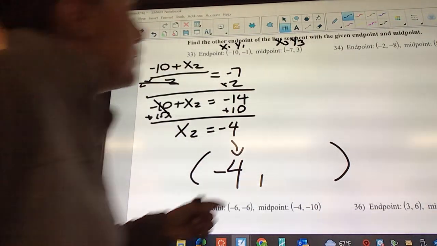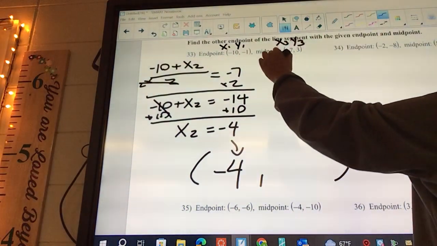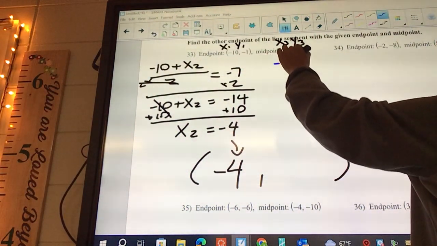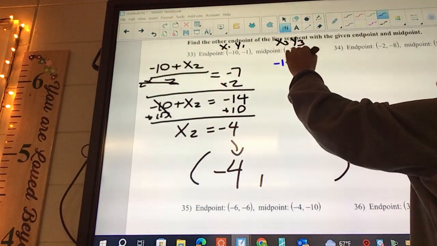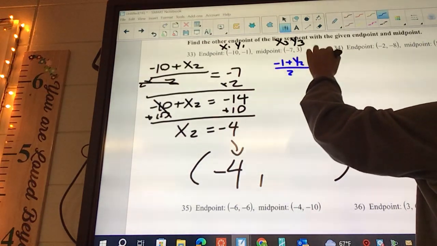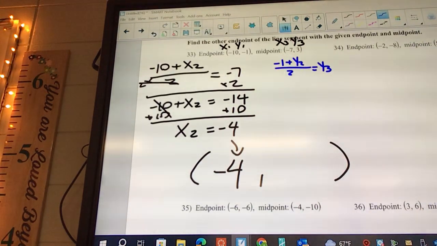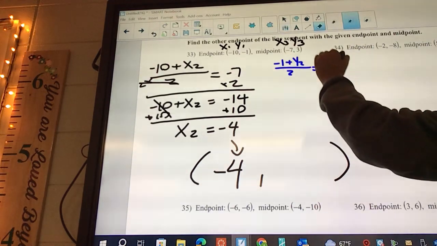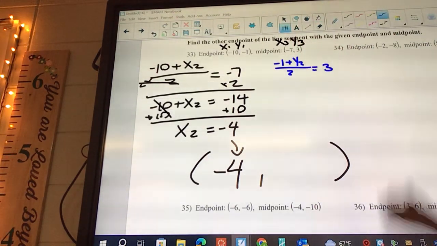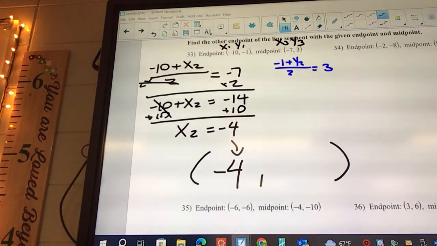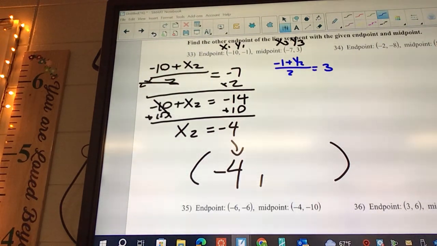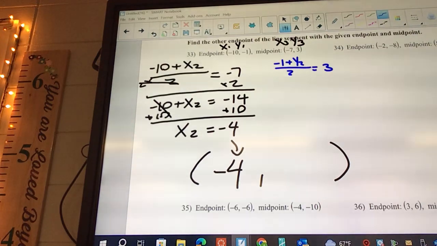For the other side, we're going to do the y. So I have y1, which is -1, plus y2, which I don't know, over 2, equals y3. No, that's wrong. Equals 3. Again, we're going to multiply both sides by 2.